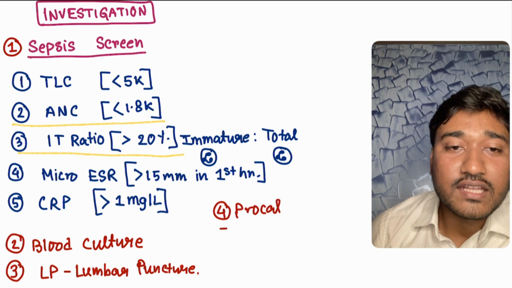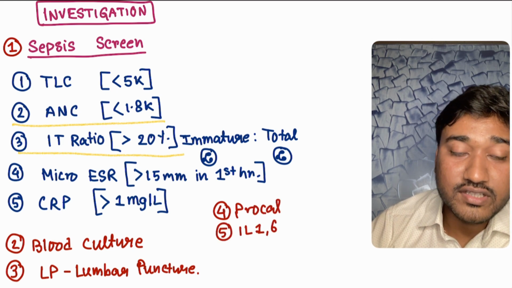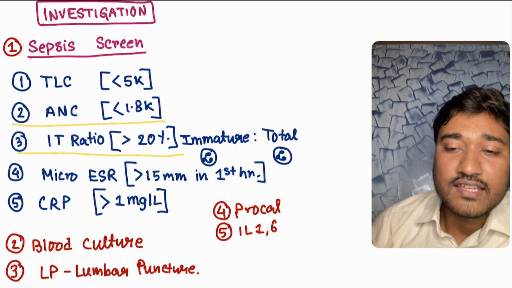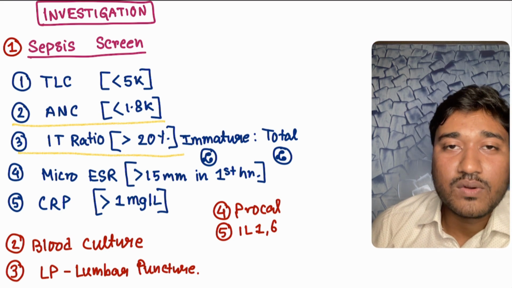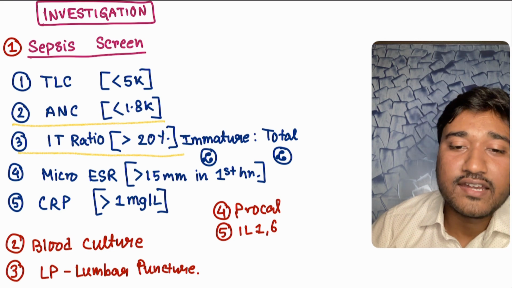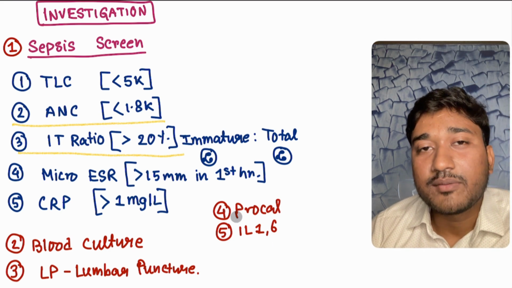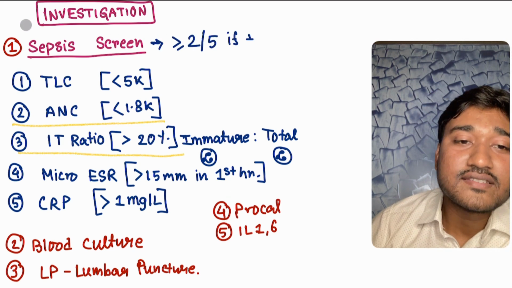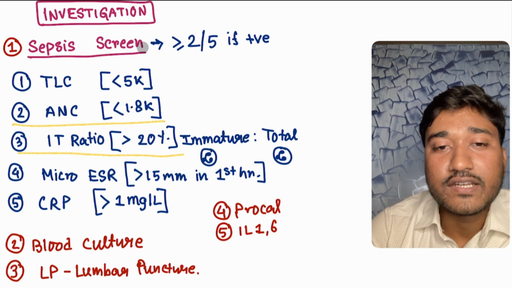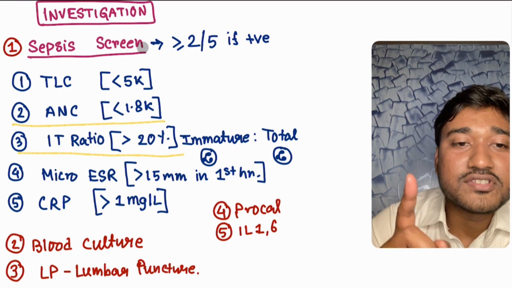And there are a few modern and rather recent advances or some recent investigations that could be done, like procalcitonin, interleukin 1, interleukin 6. These procalcitonin and interleukin 1, 6 are not done routinely, these are basically kept for research purpose. So, what is called sepsis screen positivity? If out of these 5 parameters, 2 or more than 2 parameters are positive, we call it positive sepsis screen.